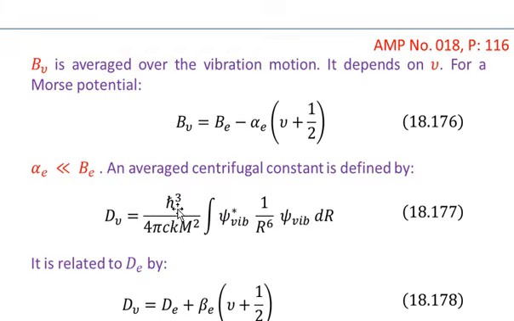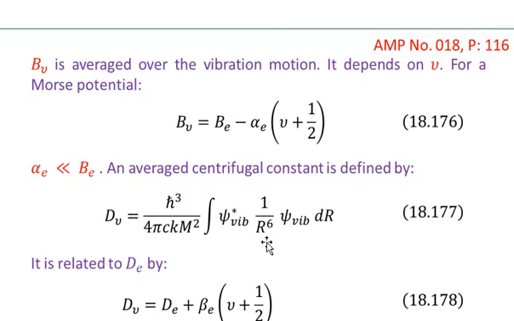So this DV is equal to h bar cubed divided by 4 pi c k m squared, and the integral of psi star multiplied by 1 over r to the power 6 multiplied by psi vibrational, dr, because the original formula of DV contained 1 over r to the power 6. And since we are talking about the average value, I have multiplied the constant term by the integral, which gives the expectation value of 1 over r to the power 6.